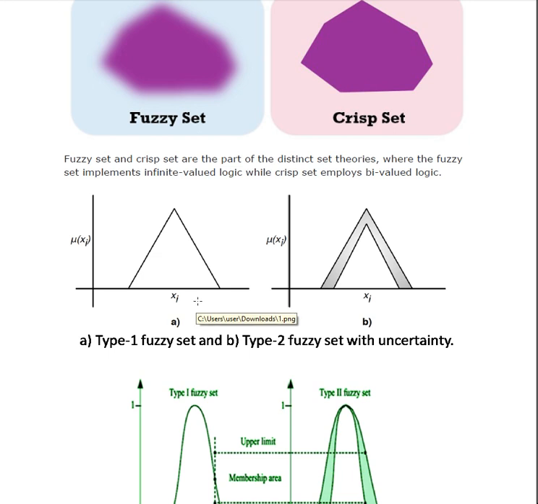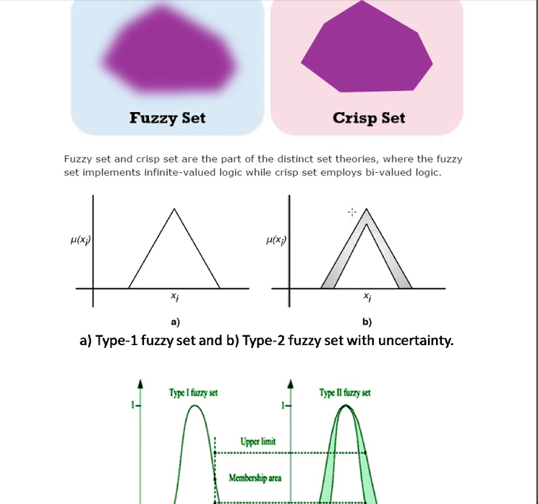Under that condition, for type 2 we also consider the same symbolic representation. However, there is a representation with respect to the functional form. In the type 2 fuzzy set we find the difference with respect to the type 1 fuzzy set. Here you can see that there are two variations: the same fuzzy set representation with two slopes.